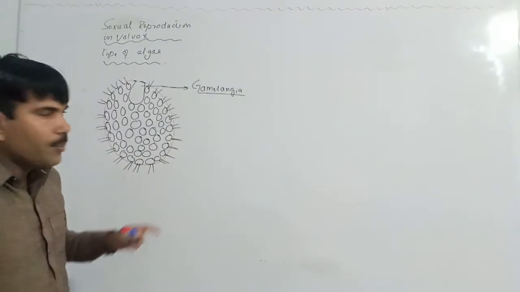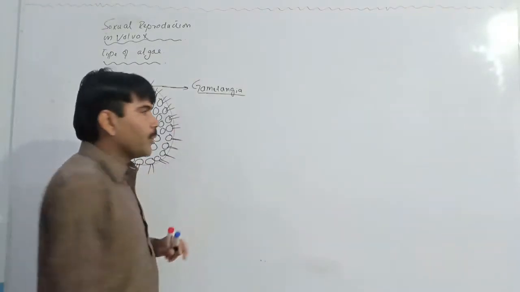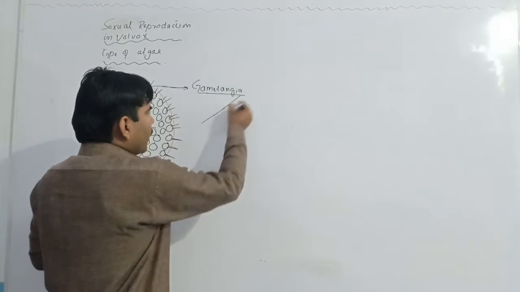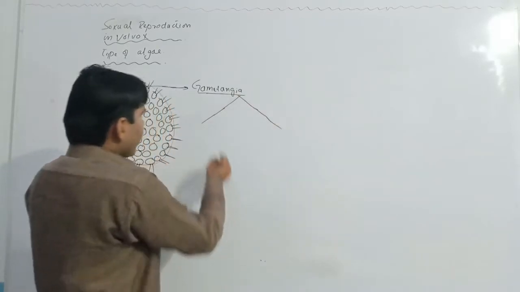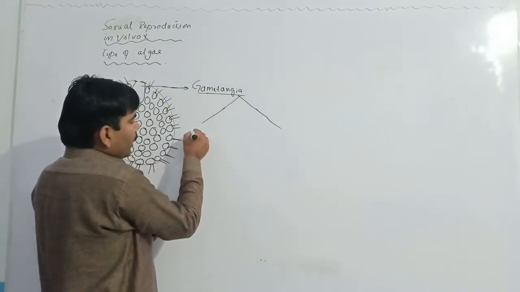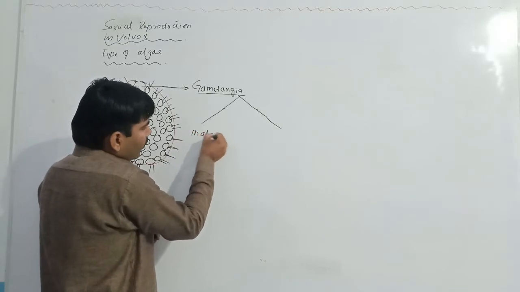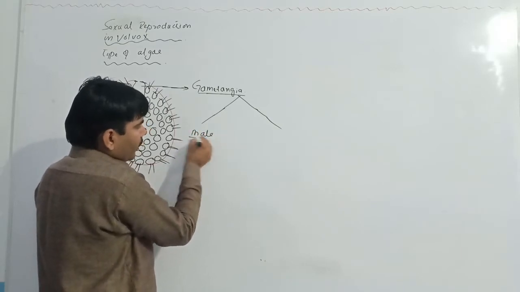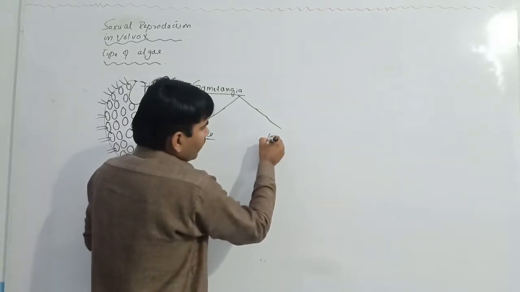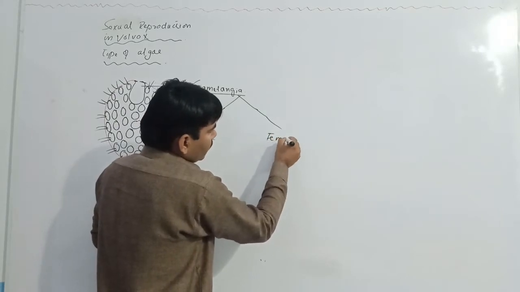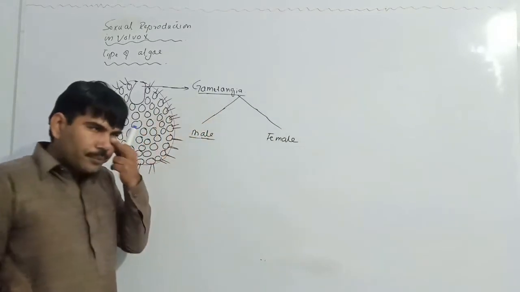But keep in mind, this Gametangia may be a male or a female. For example, this is a Gametangia. It may be a male Gametangia, and it may also be a female Gametangia.